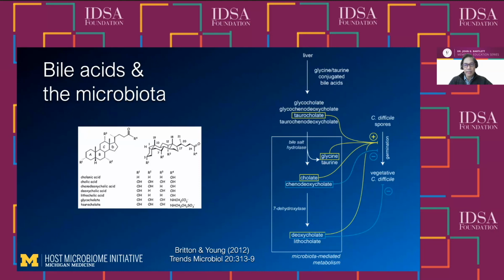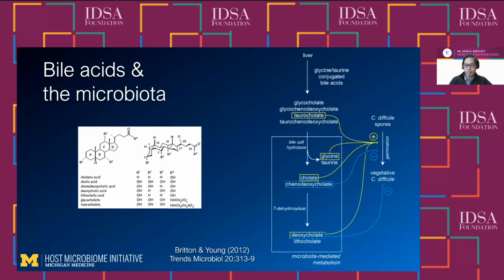Still other microbes can carry out a multi-step 7-dehydroxylation activity, producing a whole variety of secondary bile acids, for example, deoxycholate. And let's just focus on deoxycholate. It is a weak germinant for the C. difficile spores, but Casey also showed, and in subsequent work has extended on this, that deoxycholate is highly toxic to vegetative C. difficile.